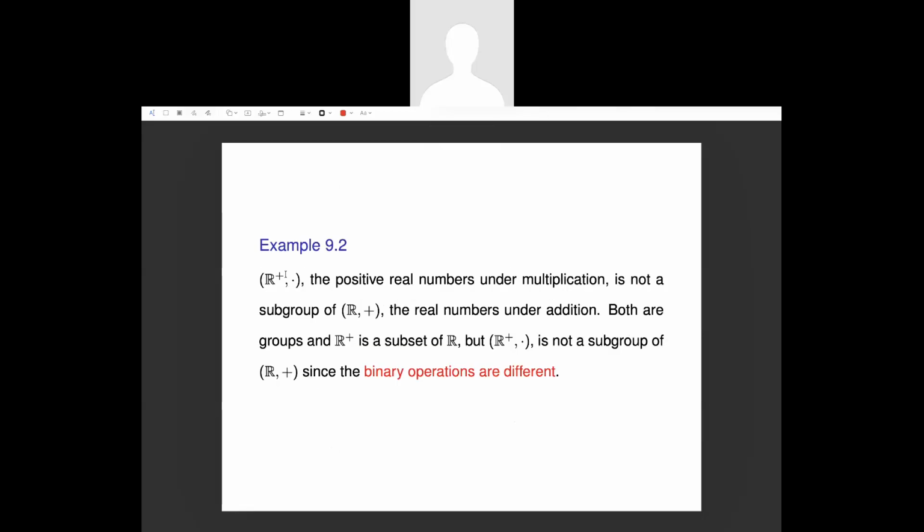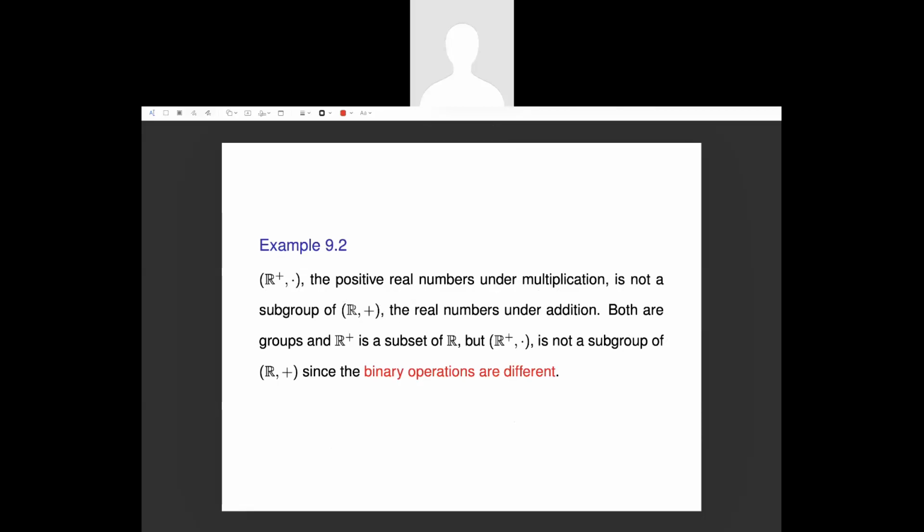The set of positive real numbers under multiplication is not a subgroup of the set of real numbers under addition. Why? Because the set of real numbers under addition is a group.